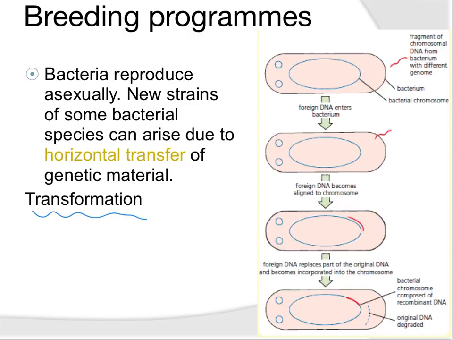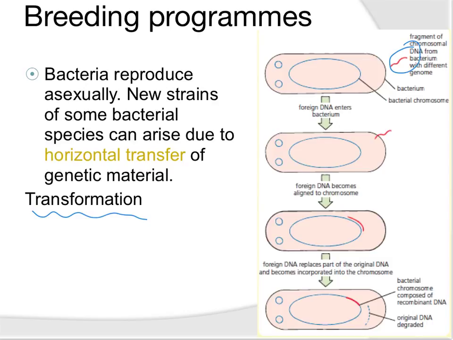And some bacterial cells have even got proteins on their surface that are specialised for the uptake of pieces of naked DNA that have come from other species. So here we've got a wee fragment of DNA from another bacterium that has a different genome.